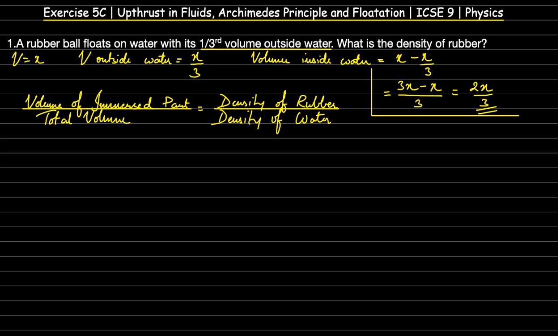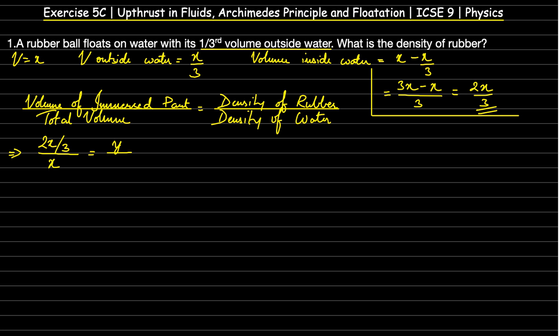Now that we have got this, we will be substituting the values. Volume of the immersed part, that is volume inside water, we got as 2x by 3. So I can write this as 2x divided by 3, the entire thing divided by total volume, which we considered as x, is equal to density of rubber, which we don't know, so let us consider it as y, divided by density of water.